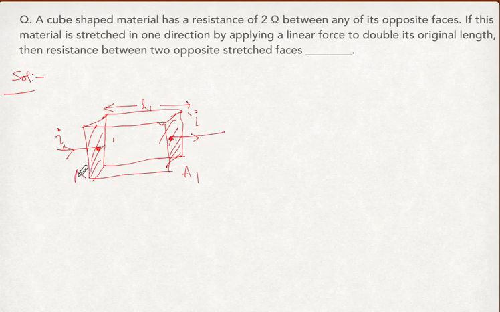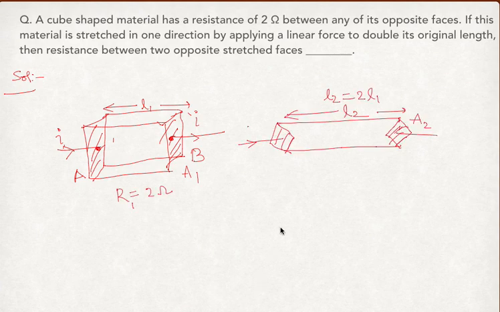We take two faces A and B, having a sectional area A, and the length of this cube is L1. The question says that the material is stretched in one direction by applying a linear force to double its original length. Then we have to find the value of the new resistance between the two opposite stretched faces.